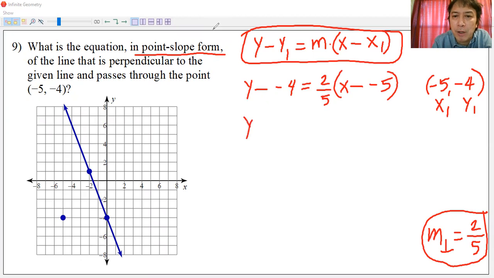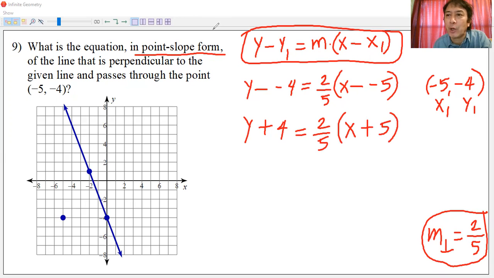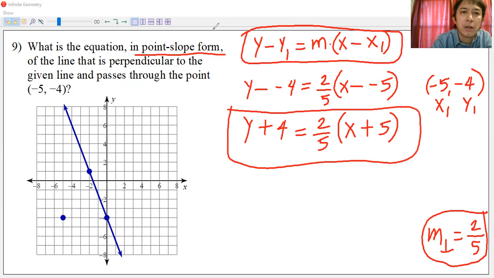This will be y, minus minus becomes plus 4, and this is equal to 2/5 times the quantity x, another minus negative, that becomes plus 5. Remember, we have to write it in this form, so this must be the answer. What is the equation in point slope form? This is the point slope form.